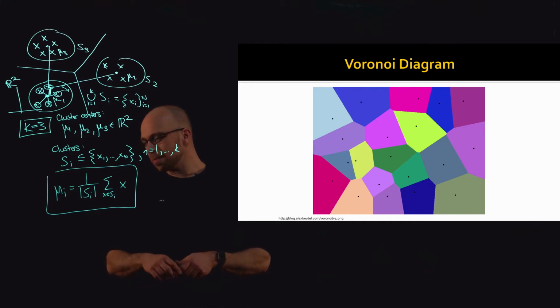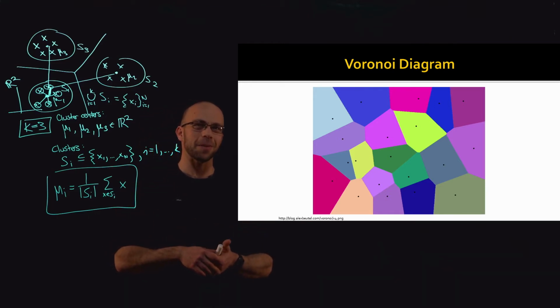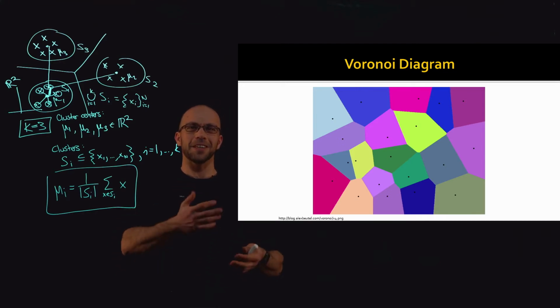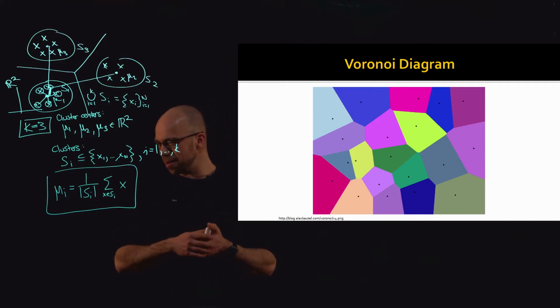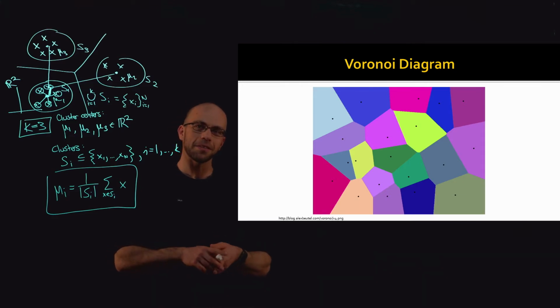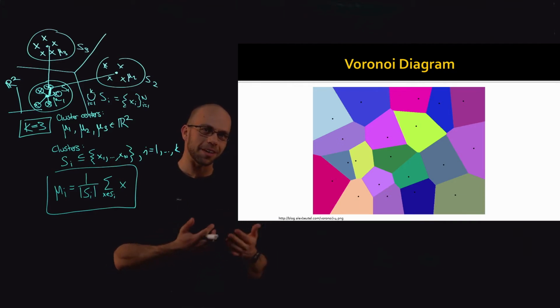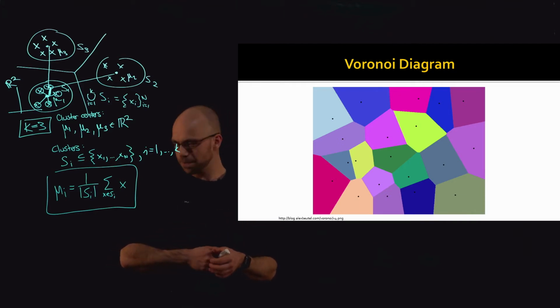The Voronoi diagram has all kinds of nice properties. If you take a classical geometry algorithms class, you spend quite a bit of time constructing Voronoi diagrams in the plane and so on. But for purposes of understanding k-means, the basic point here is just that you can think of the S_i's as basically Voronoi diagrams intersected with the data set.